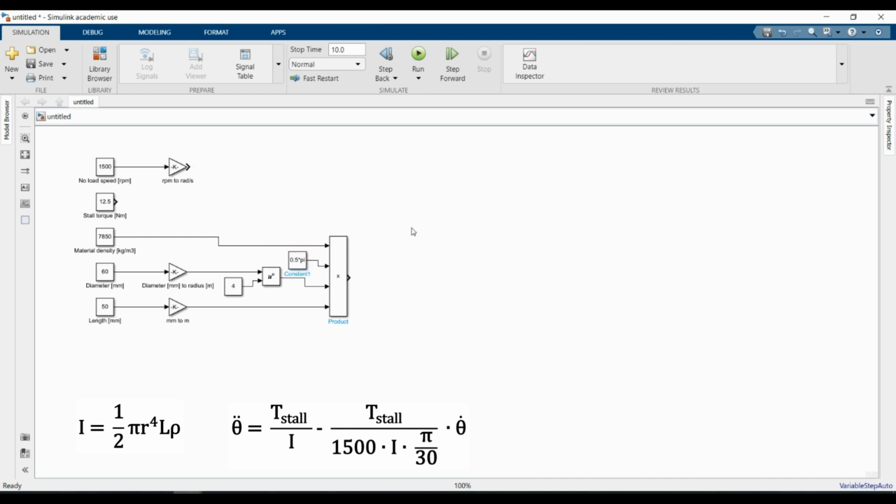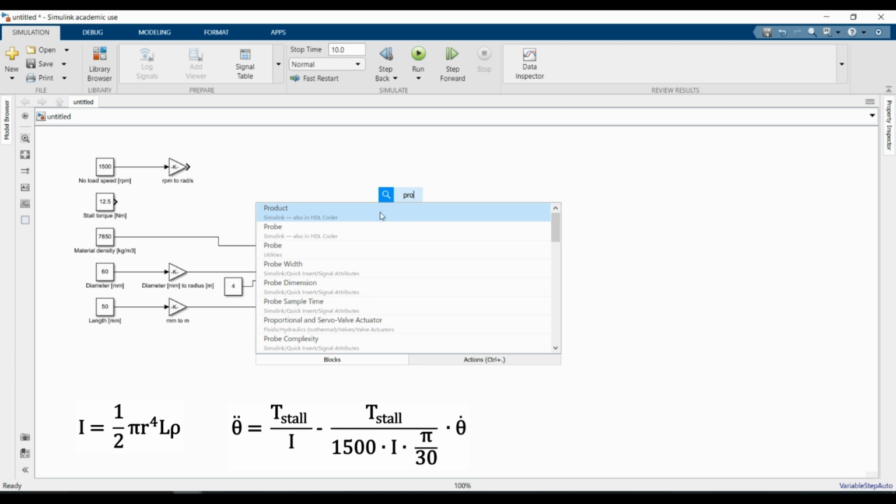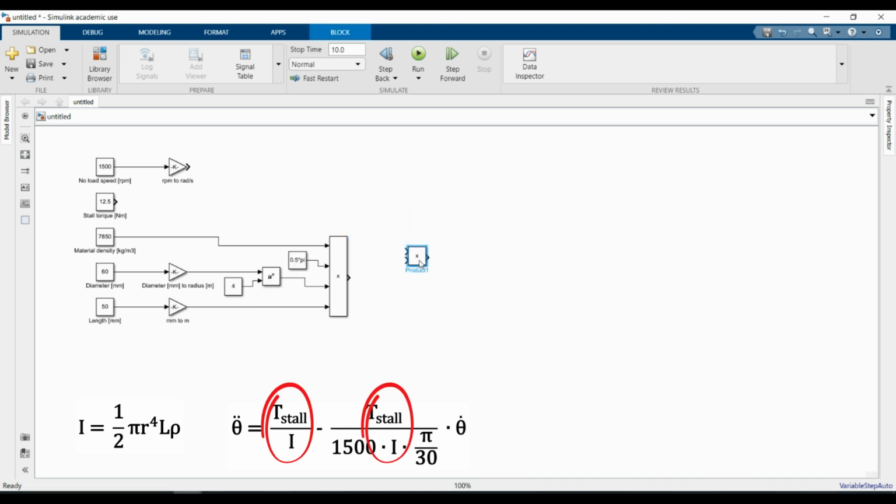In the next step, a product block is used to divide the stall torque by the mass moment of inertia as shown in the differential equation.